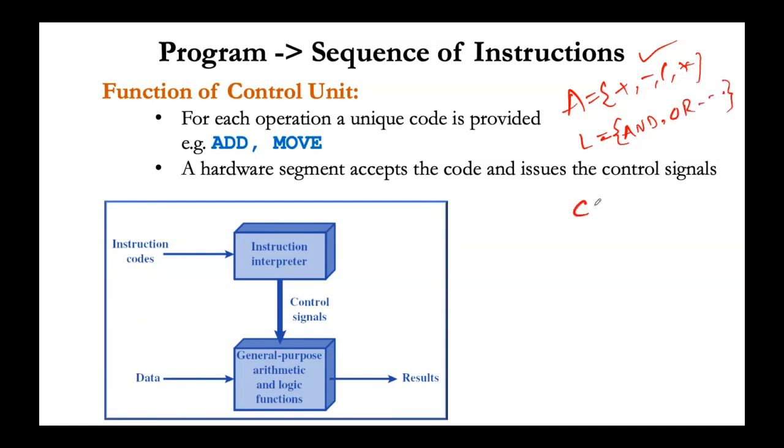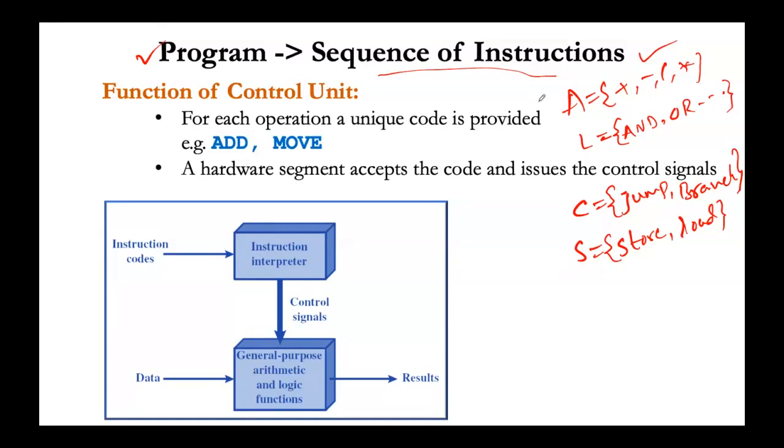Then control instructions, in which you find jump instructions or branch instructions. And then you'll find the storage instructions, so there you can find store or load instructions. So any kind of instructions. We say that a program is a sequence of instructions.